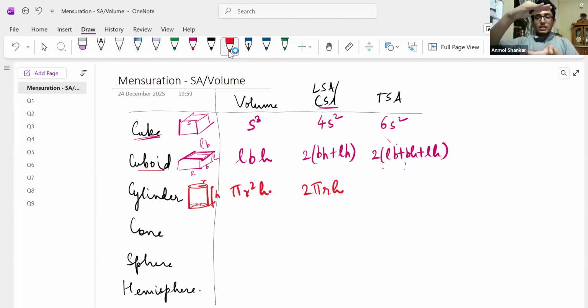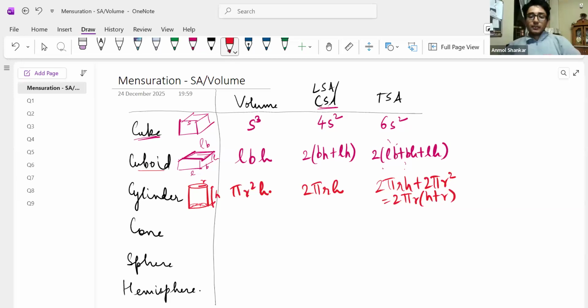So we are looking at 2 pi r h plus 2 pi r square. In this bracket you can take 2 pi r common and write h plus r.